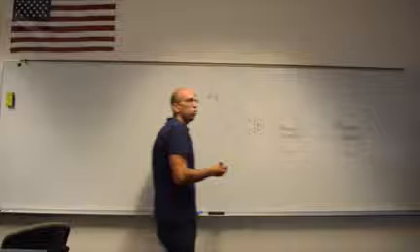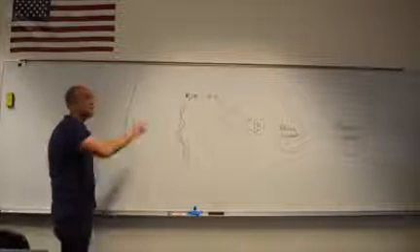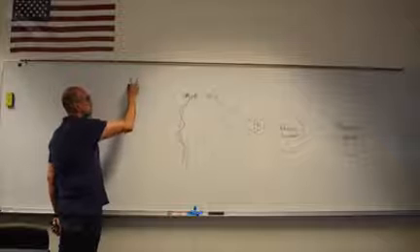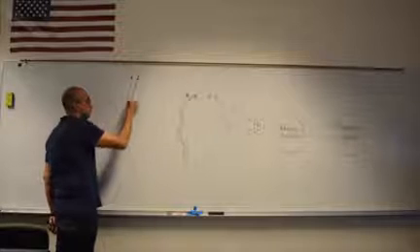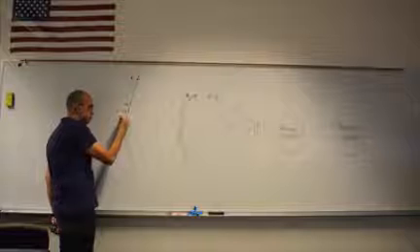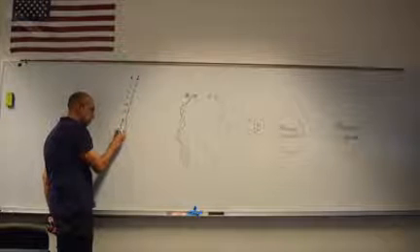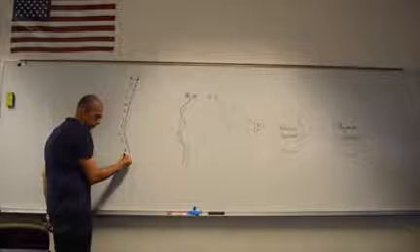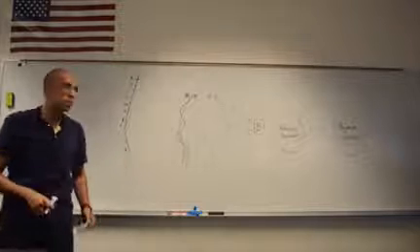So if I give you the bases on this strand, can you give me the bases on the opposite strand? What do you think is going to be on the opposite strand?